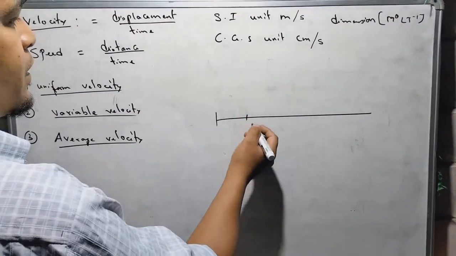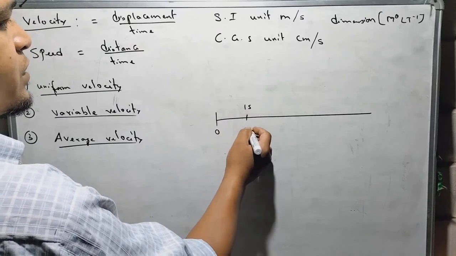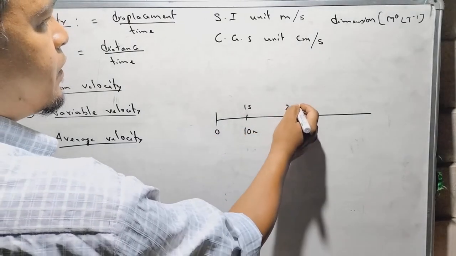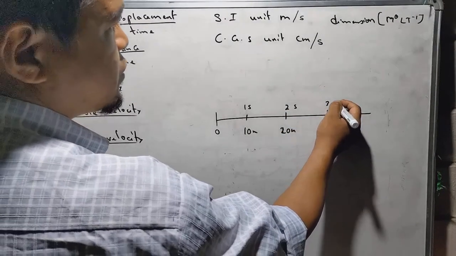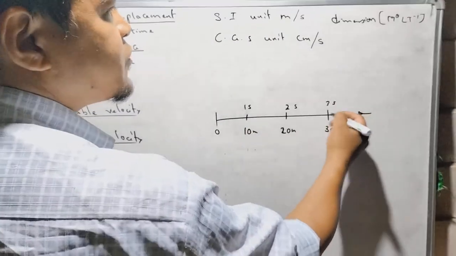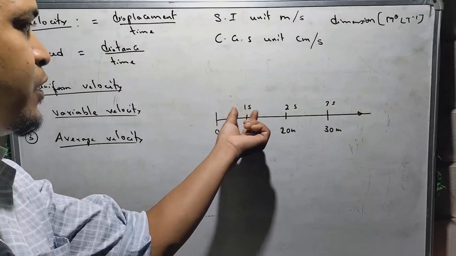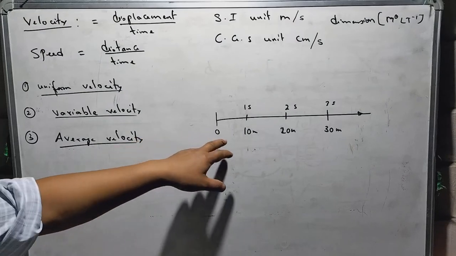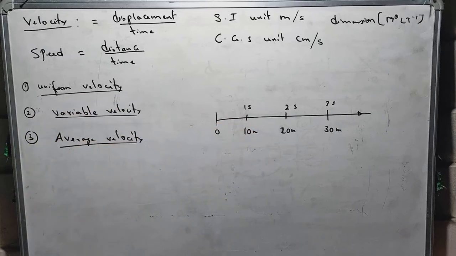Let's say in 1 second the car covers a distance of 10 meter, in 2 seconds 20 meter, in 3 seconds 30 meter, and so on, along this straight line. So the change of displacement in every 1 second is the same. Therefore, the velocity of this car is said to be a uniform velocity.